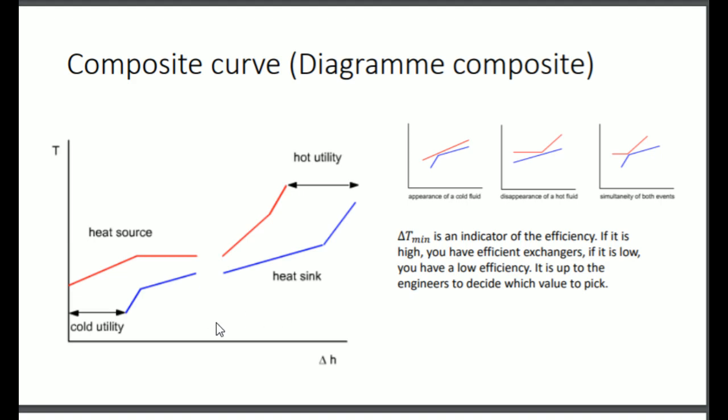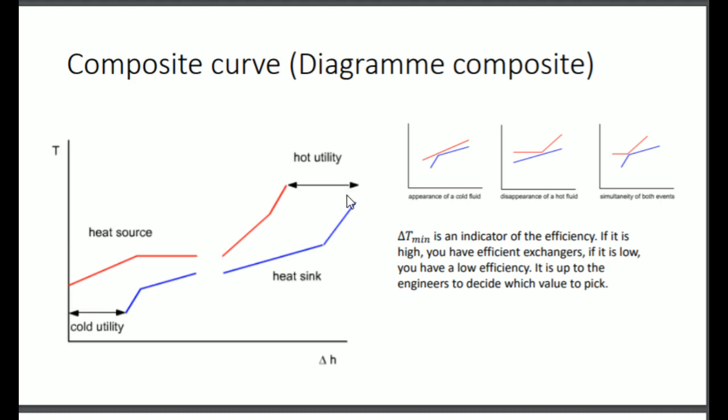We can notice on this diagram three immediate values. The first one is the cold utility, that is the one here. When you read the coordinates of this value, you get the cold utility.